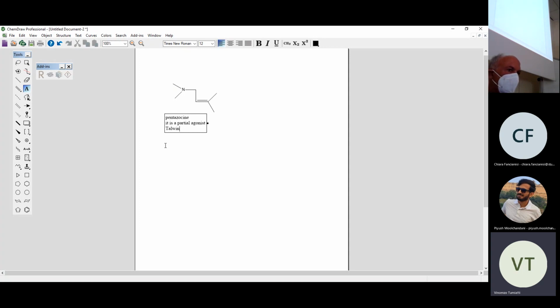This is the series of the different compounds used to treat pain. Pentazocine is one of the safer compounds used to treat pain, cancer pain especially.